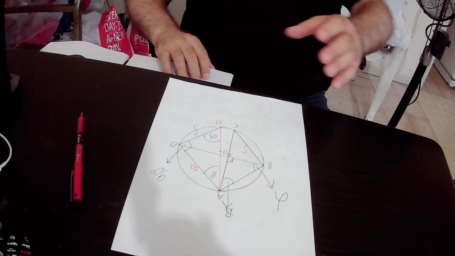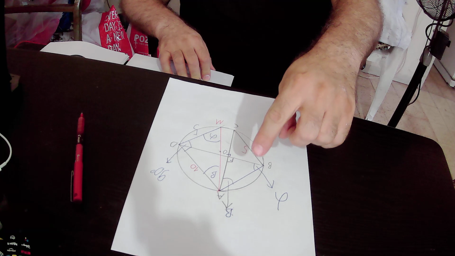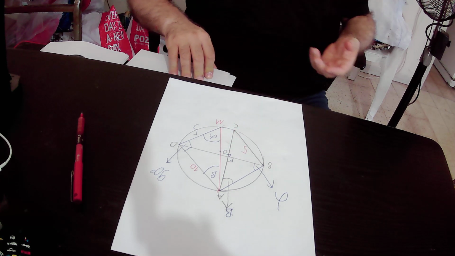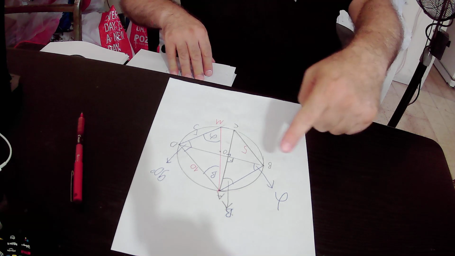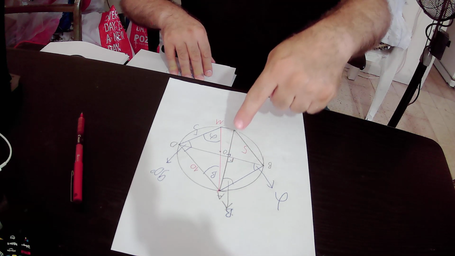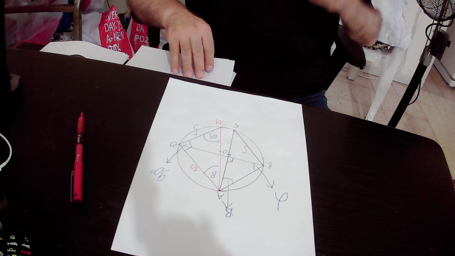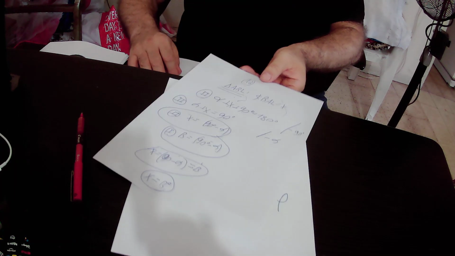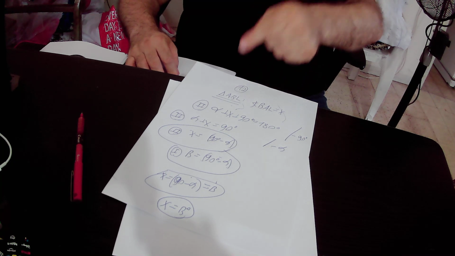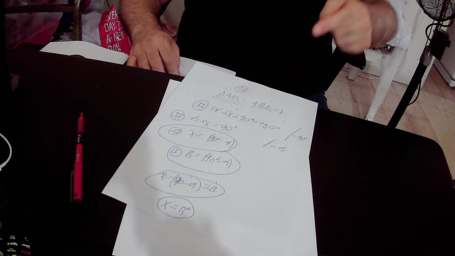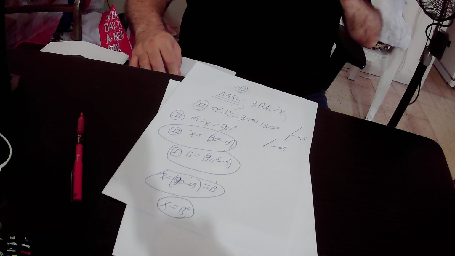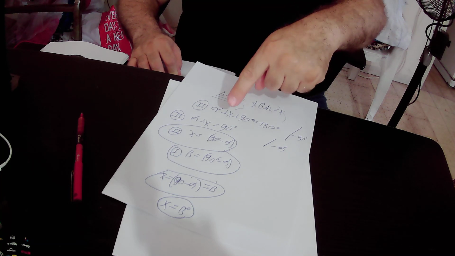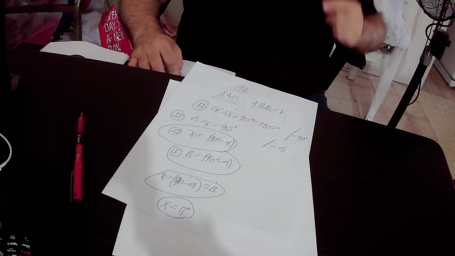We know that the sum of the angles in the right triangle ABL equals 180 degrees. That is our second equation: alpha plus x plus 90 degrees equals 180 degrees. So from equation number 2 we get that x equals 90 degrees minus alpha.